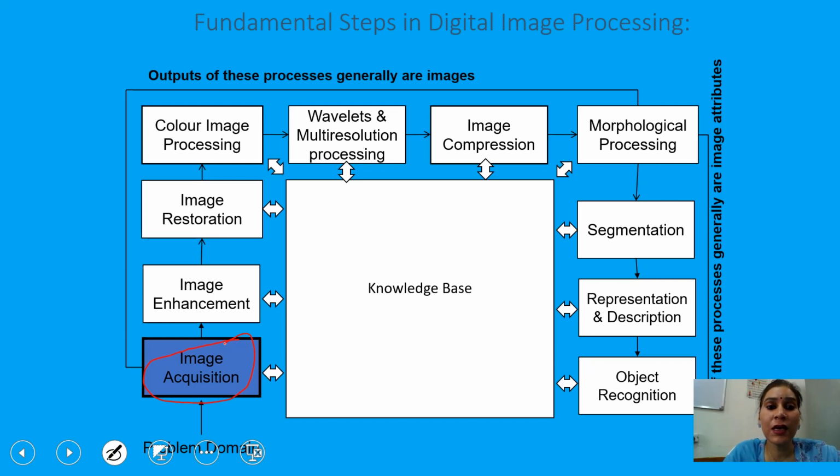These are the fundamental steps which I am going to discuss in detail, and all these blocks are connected to the knowledge base. The knowledge base is our computer, meaning every block is connected to the knowledge base.